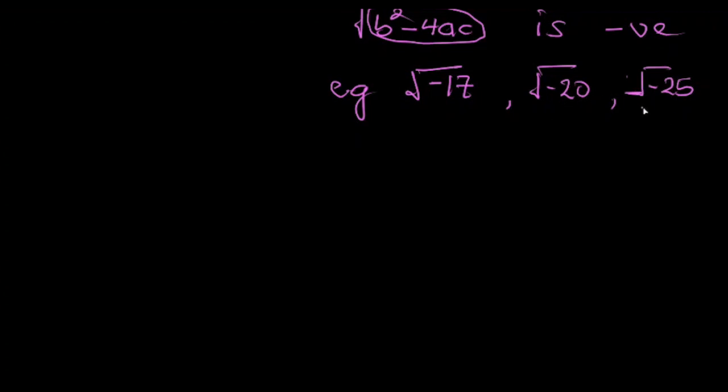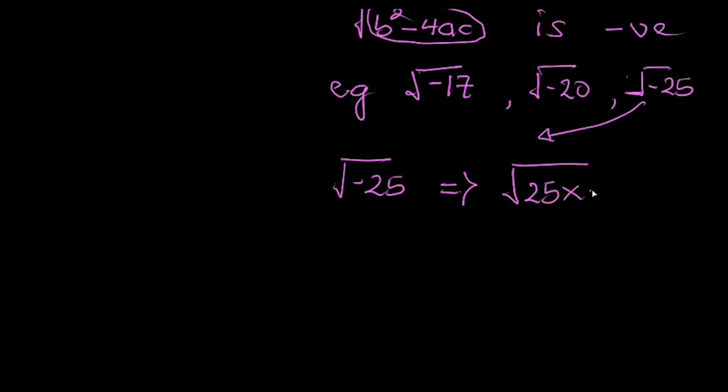If we pick out this third one, for example, the square root of minus 25, remember from surds, this can still be written as the square root of 25 times minus 1. I want to break down this surd because this is a surd, only that it's negative.